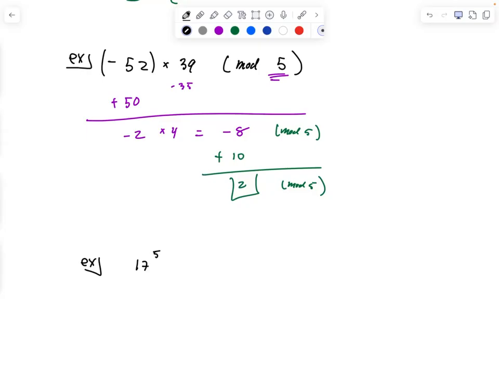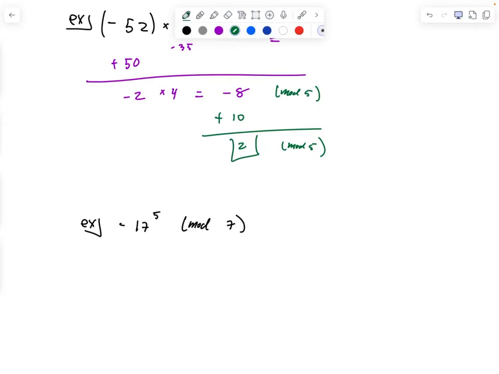Negative 17 to the 5th, mod, and this one's more just so that we can get practice. We'll go mod 7.